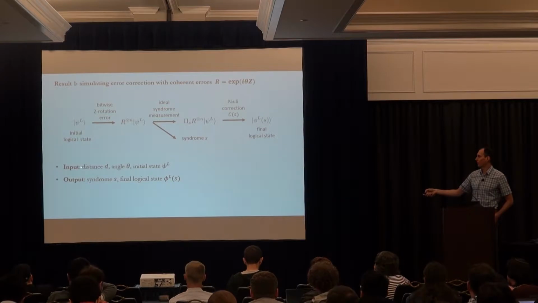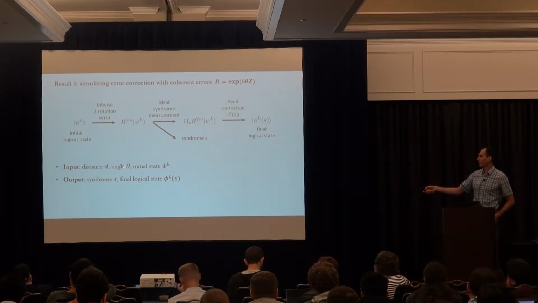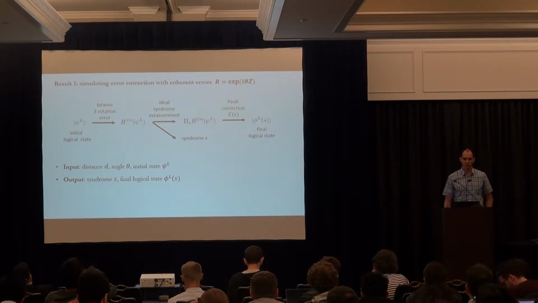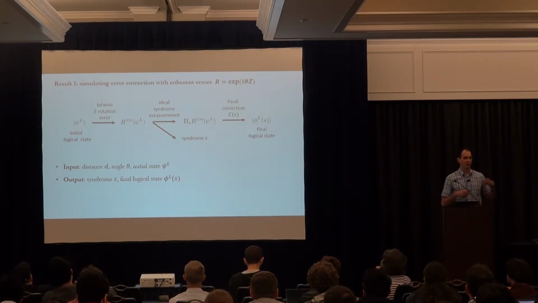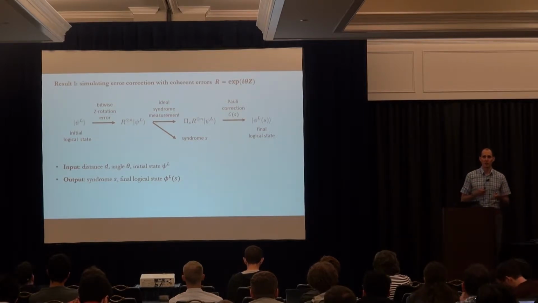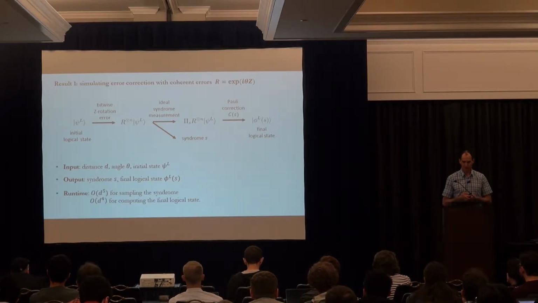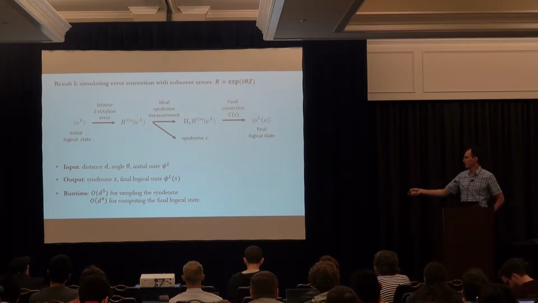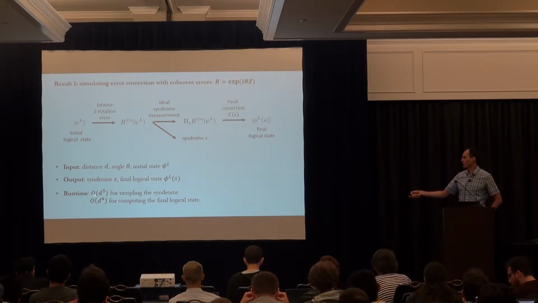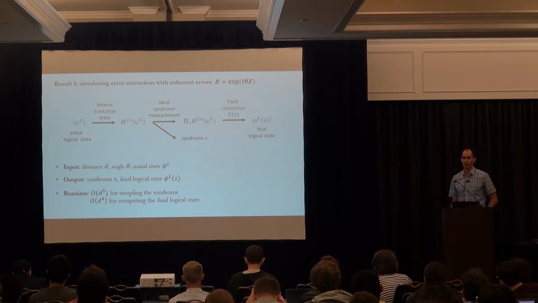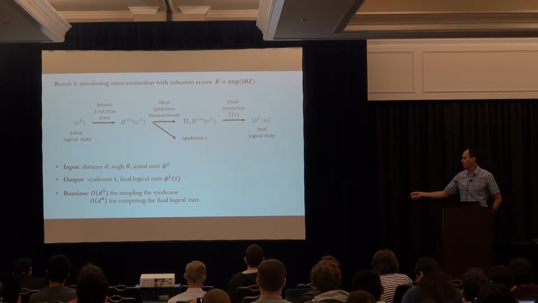The input of our algorithm is the code distance d, the Z rotation angle theta, and the initial logical state. And the algorithm outputs the measured syndrome and the final logical state conditioned on the syndrome. The runtime of this algorithm scales polynomially with the code distance, as shown here.